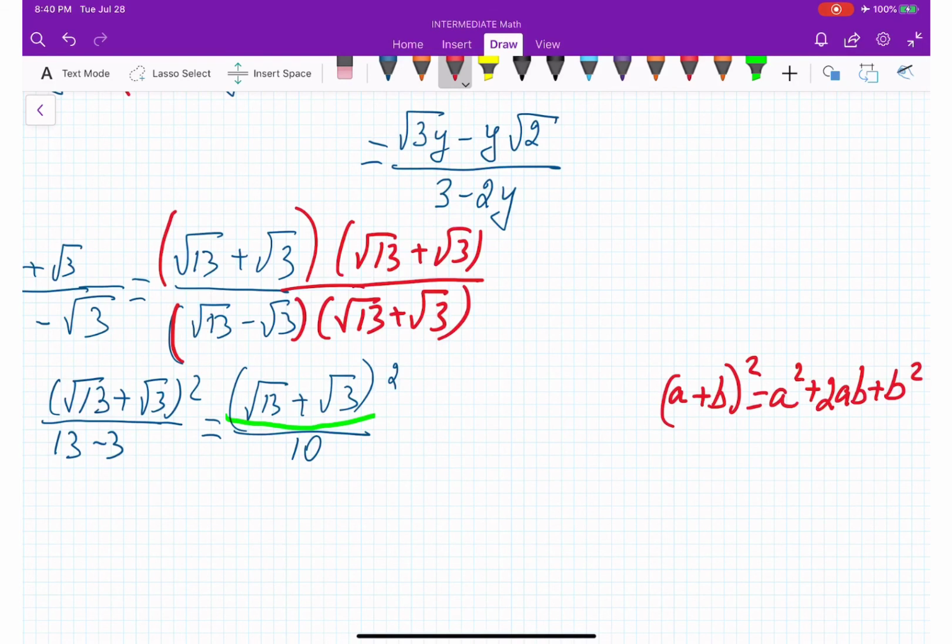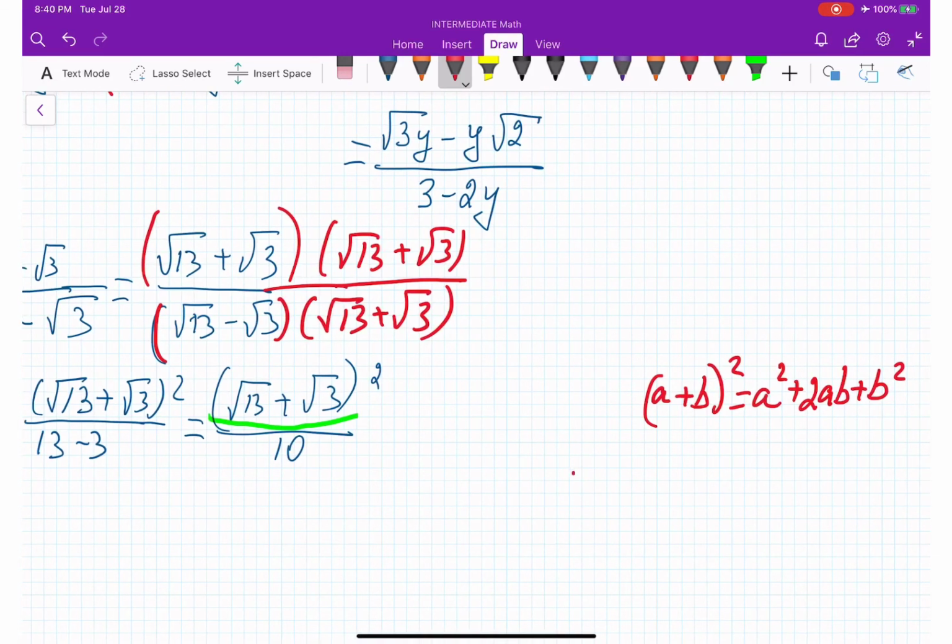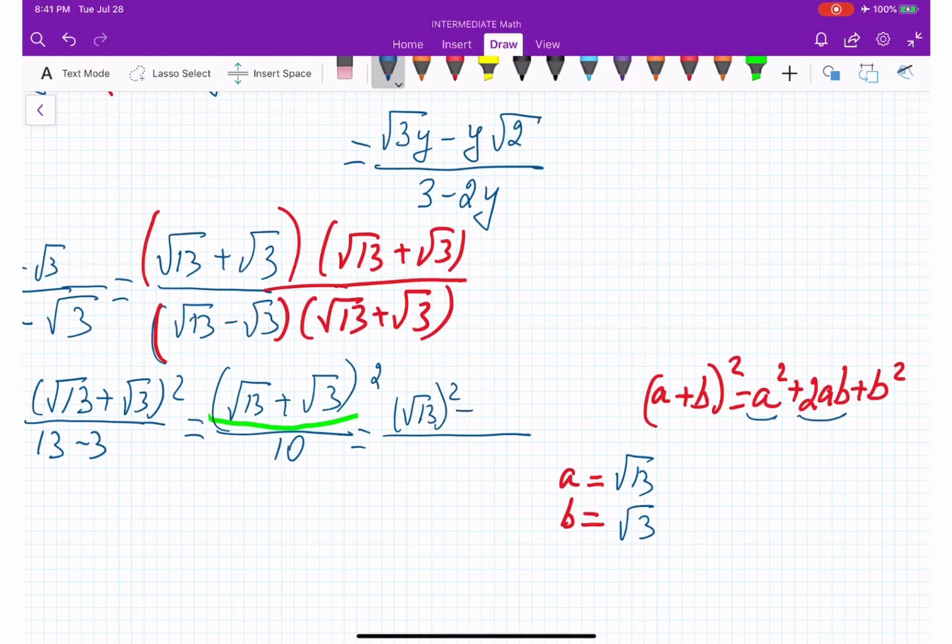But here I'm going to write: square root 13 is my a, and my b is square root 3. Let's go slow now. What are we going to get? I need to have a squared, which is going to be square root 13 squared. Next, I'm going to have 2ab, 2 times a, which is square root 13, and b is square root 3.